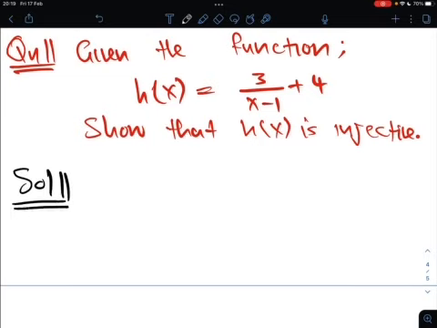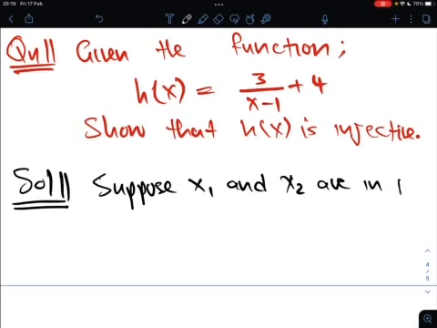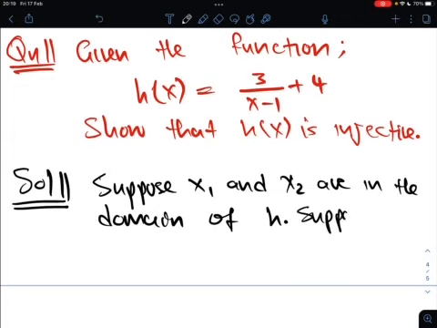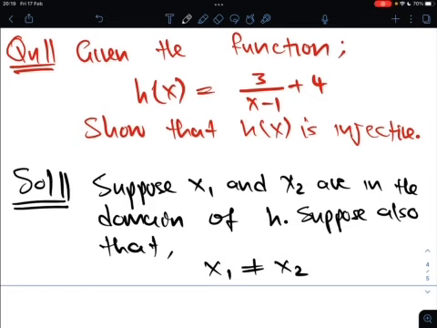You see, at first I'll say suppose x1 and x2 are in the domain of h of x. So suppose also that this x1 is not equal to x2. You see that? So let's suppose also that this x1 is not equal to x2.